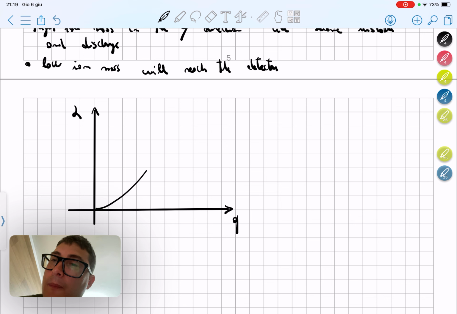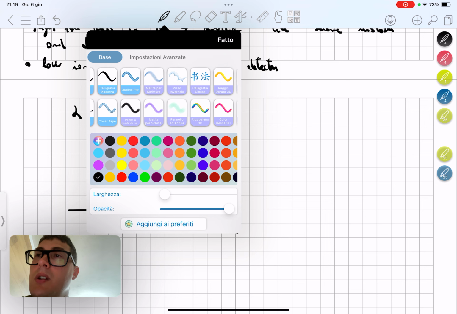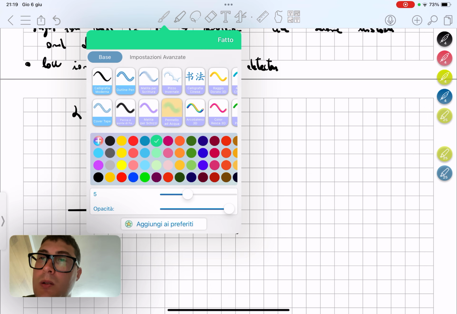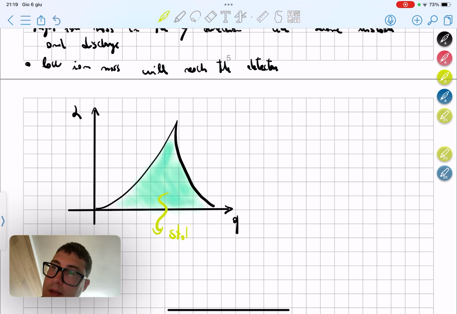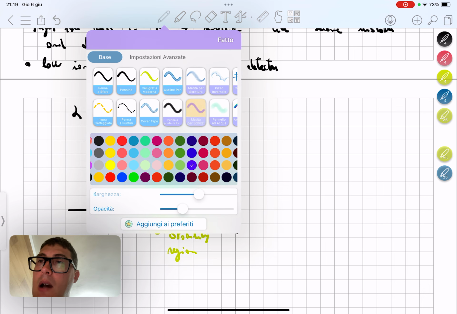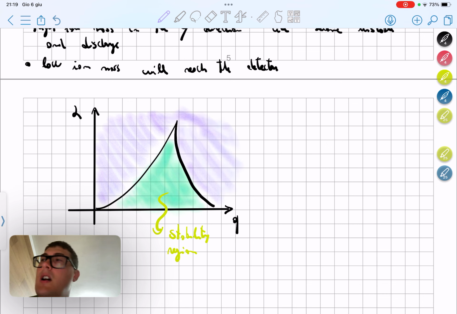We have something like that, where we can say that inside here is called the stability region, whereas outside of this there is the unstable region.